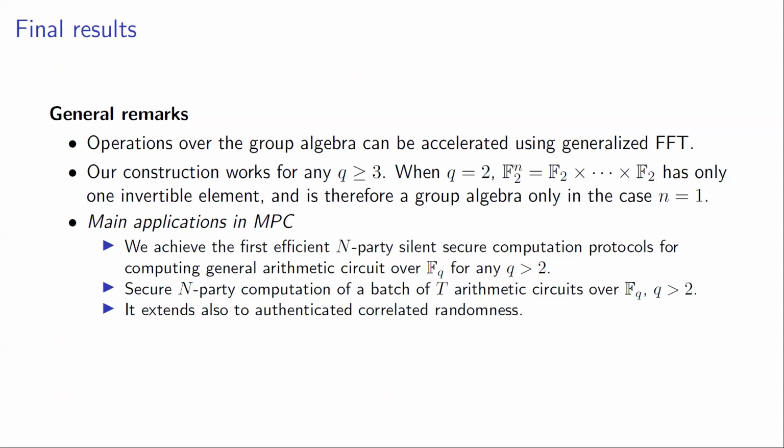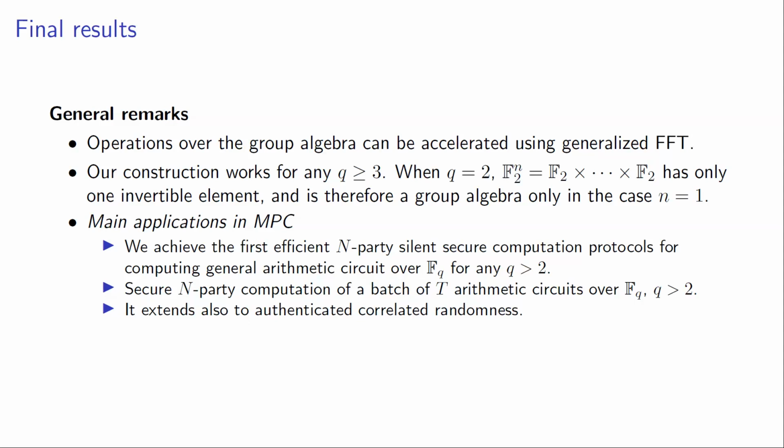So some general remarks. All the different computations in FQG can be accelerated using generalized FFT. You may have noticed also that this construction is working only for Q at least 3. We were a bit surprised at the beginning, but the construction fails when Q is equal to 2. We have a problem because if you take F2 to the n, then there exists only one invertible element, and therefore it is a group algebra only in the trivial case n is equal to 1, which is of no interest.